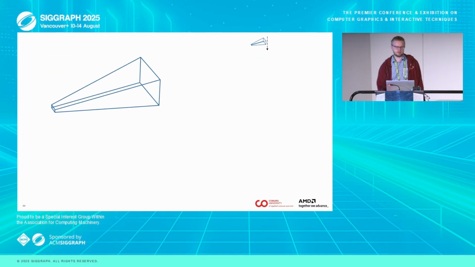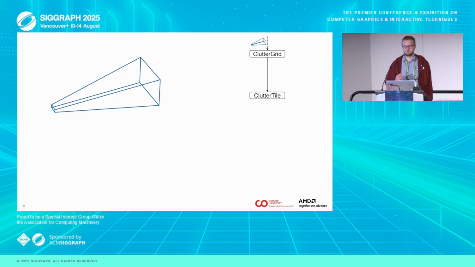All right, for the grass, we have the camera frustum here. And we need to basically launch enough threads to fill all the ground with the ground clutter that's within the frustum. And for this, we have a node for all the parts of the scene. It gets launched for all the parts of the scene that should receive clutter. And we now want to launch individual tiles for generating the ground clutter.